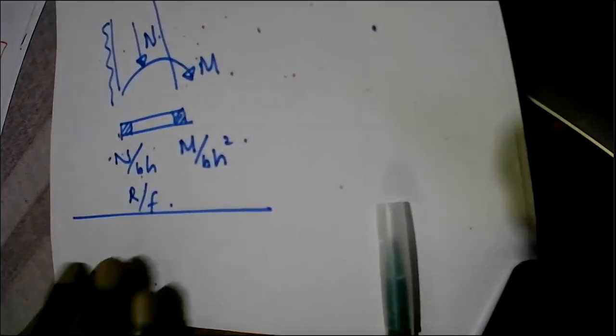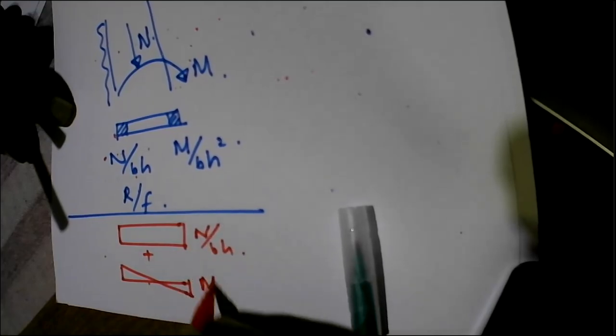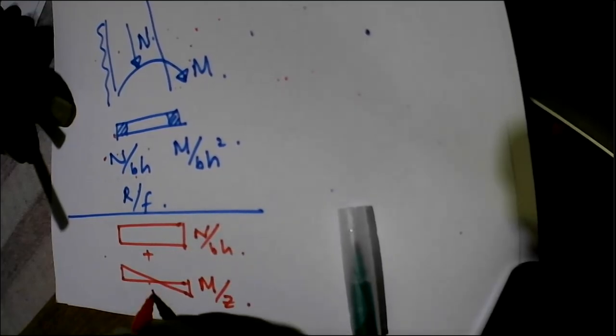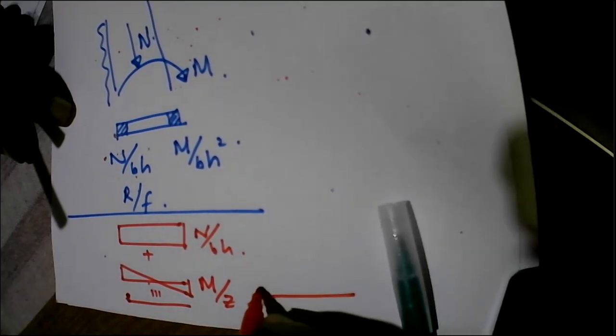On the other hand, this is one method. The other method is, if the axial loads are sufficiently large, you can consider that it will be due to two different systems like this. This N over BH, this M over Z, so that you can end up with an arrangement like this.